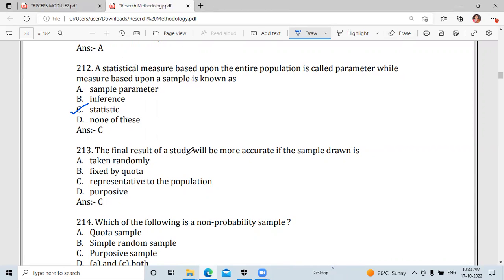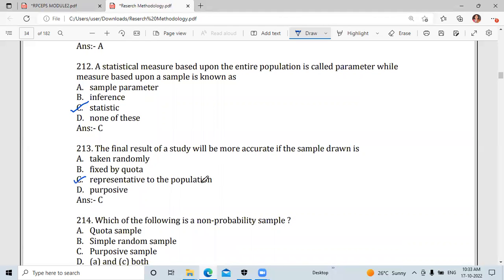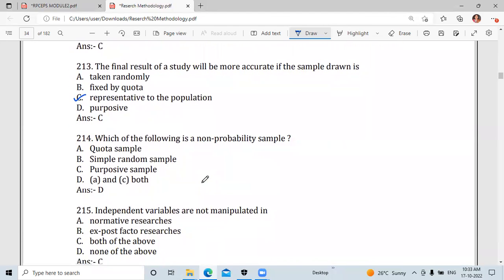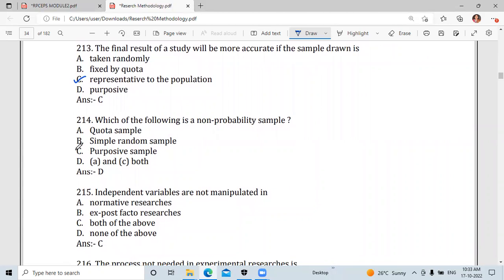The final result of a study will be more accurate if the sample drawn is representative of the population. Which of the following is a non-probability sample? Here A and C, that is, A is quota sample and C is purposive sample. These two samples are the non-probability samples.